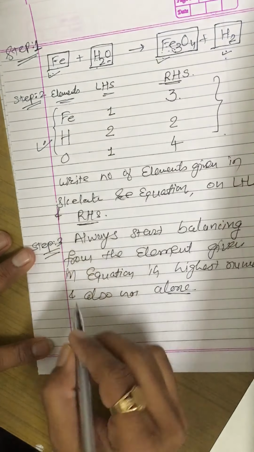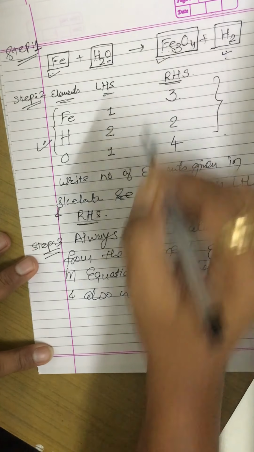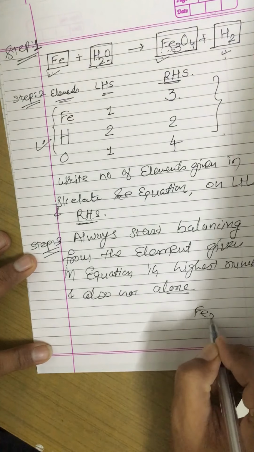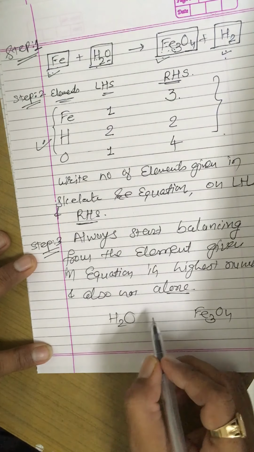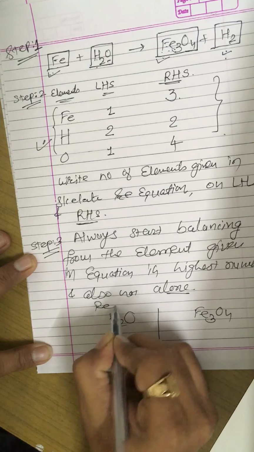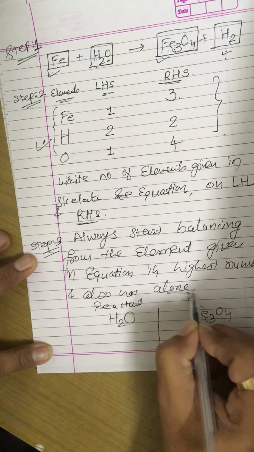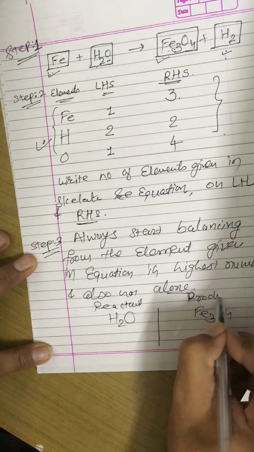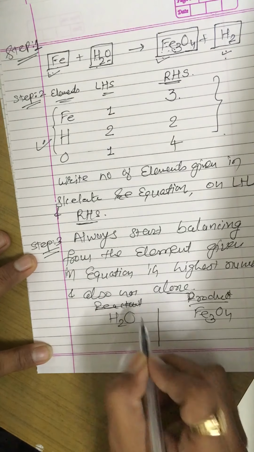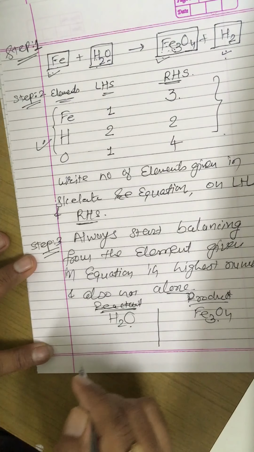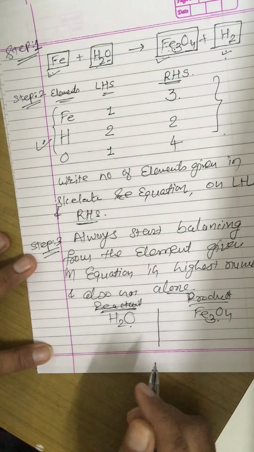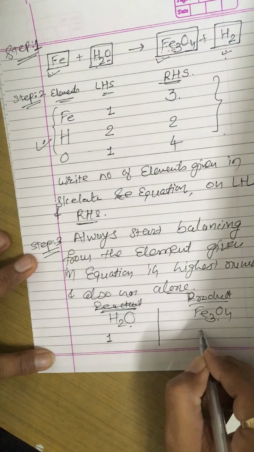You can see, friends, on the right side oxygen is in Fe3O4, and on the left side you can see oxygen is, here I can write reactant, here I can write product. So in reactant, oxygen is 1, in product oxygen is in 4 numbers. So here 1, here 4.